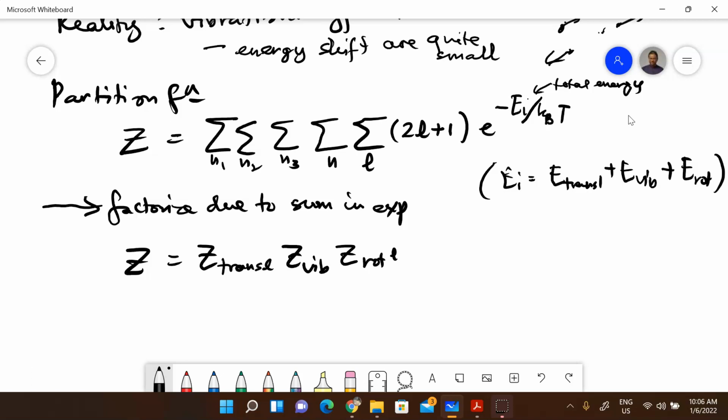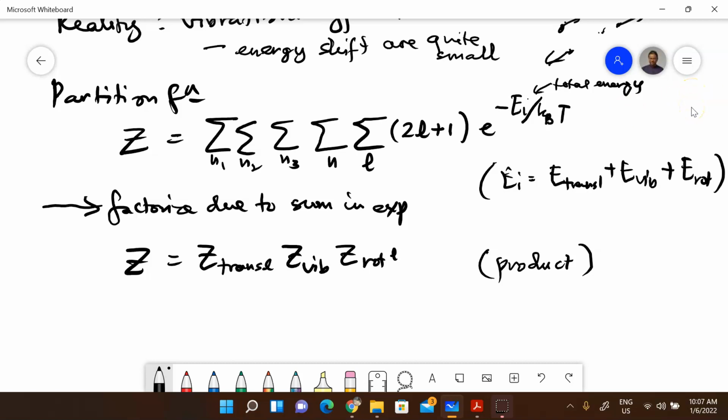This is a common feature when you have contributions of states corresponding to whatever motion is involved. If they are independent of each other, then essentially you get your partition function as a product. Okay, so that's the main gist of the thing.